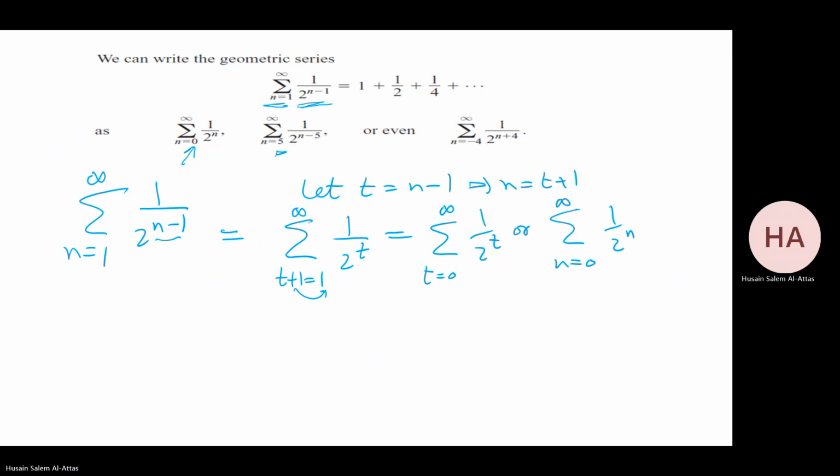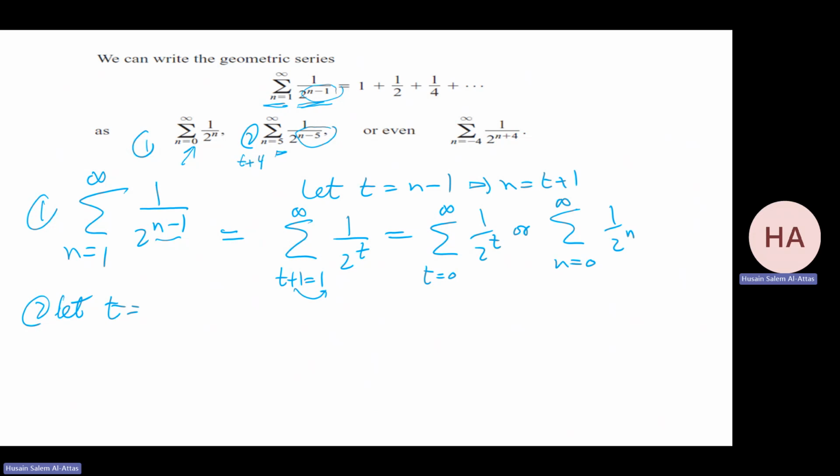So that means I need to go from n equal 1 to n equal 5. I let t equal what? Starting from 5 instead of 1. So I want t plus 4.